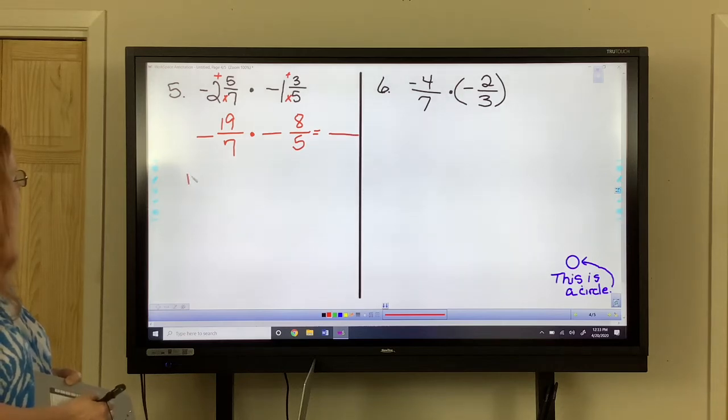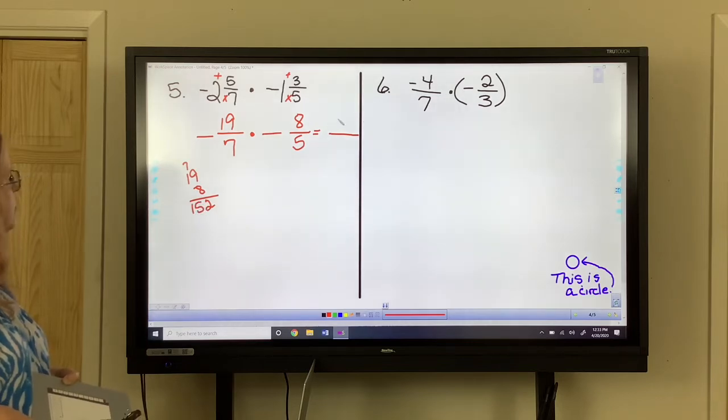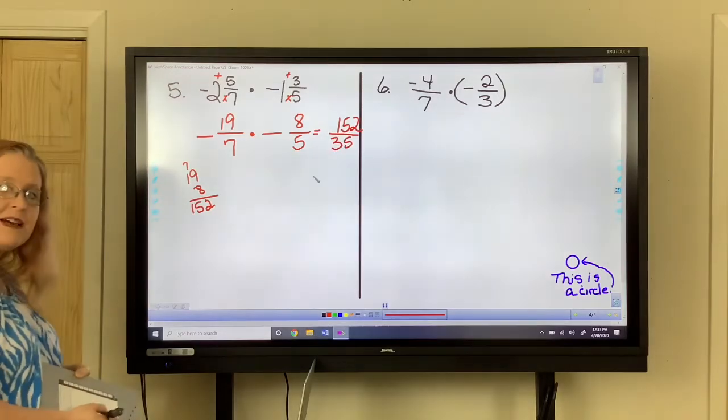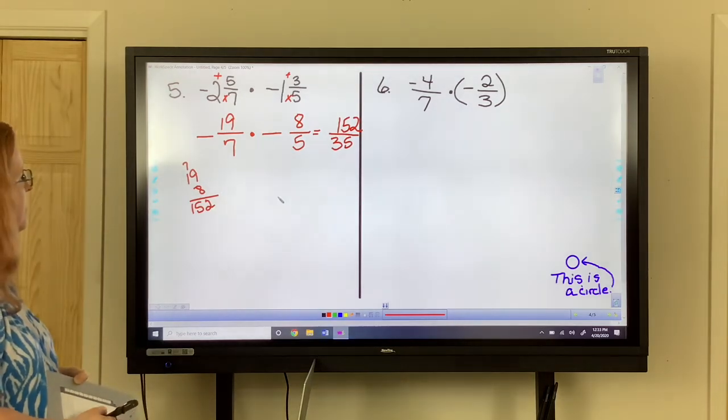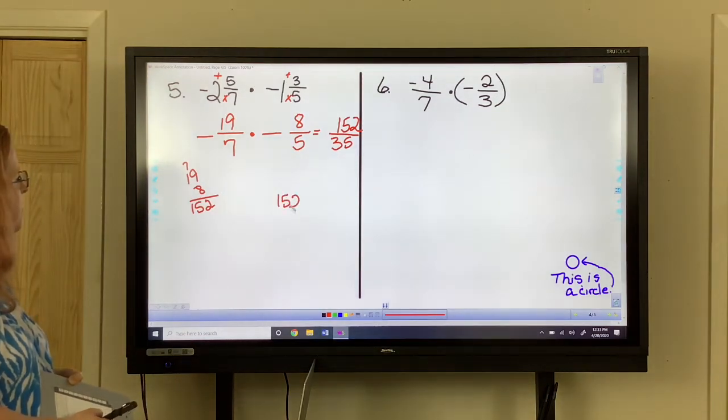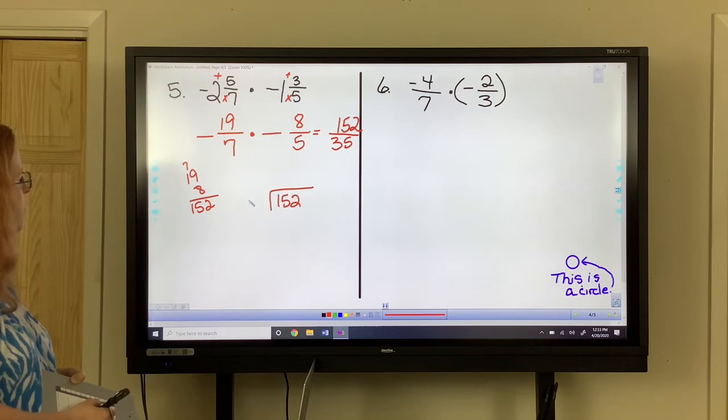And so 19 times 8 is 152 over 35. And because that is an improper, I need to make it a mixed. So you divide the top by the bottom always.